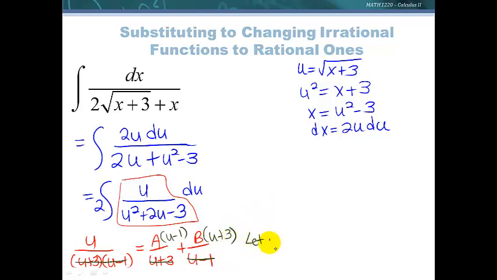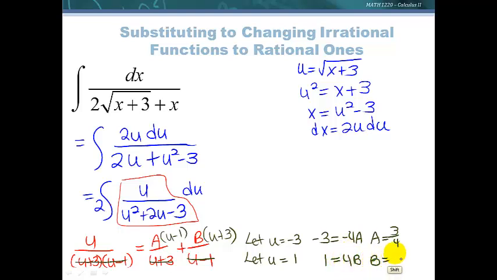So now I'm going to let u equal negative 3, and I will have negative 3 equal negative 4a. So it looks like a is going to be 3/4. And then I'm going to let u equal 1, and I will have 1 equal 4b, so b is going to be 1/4.